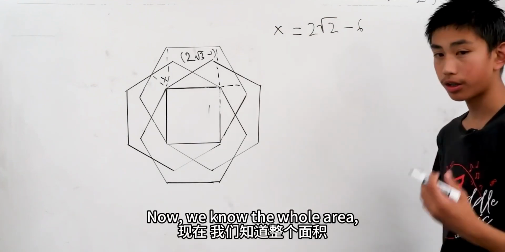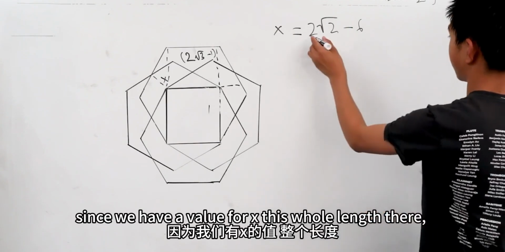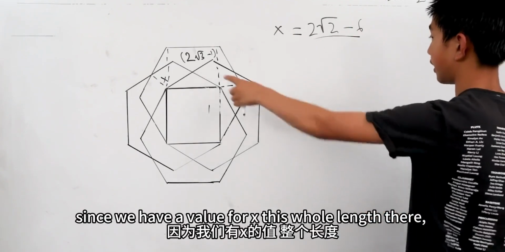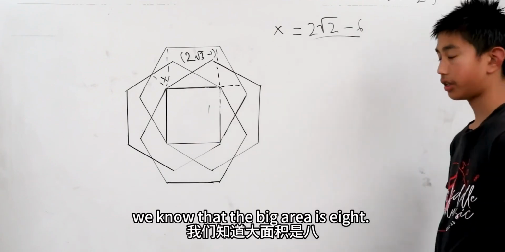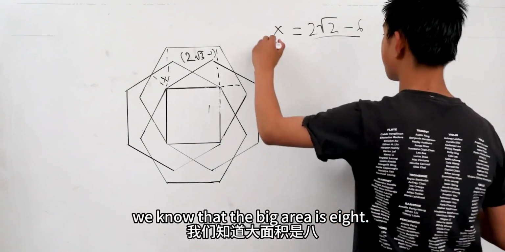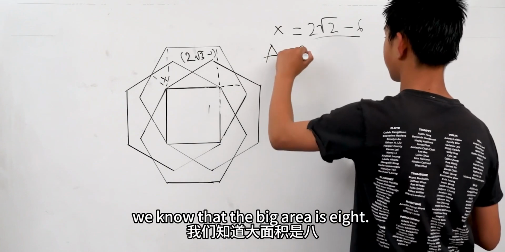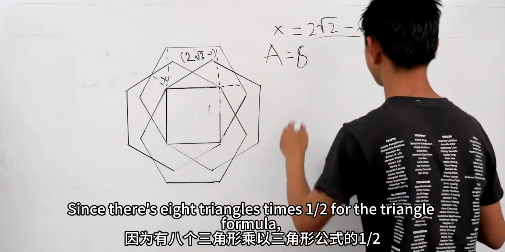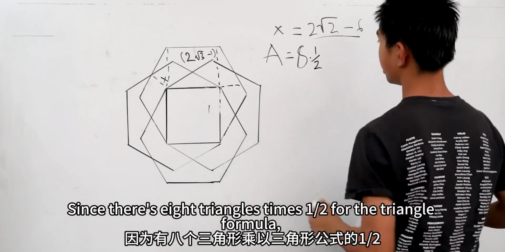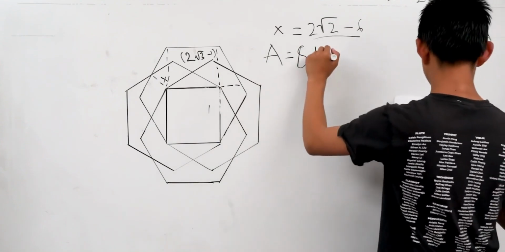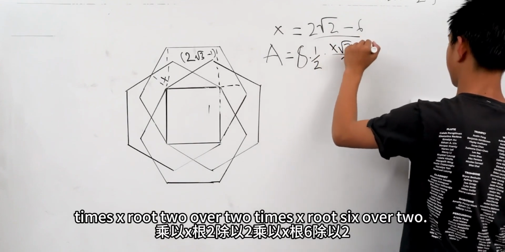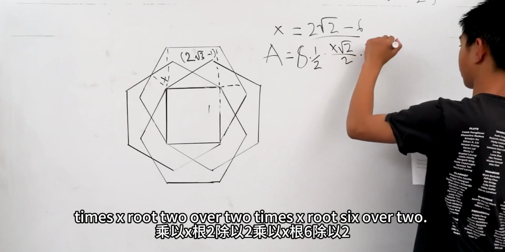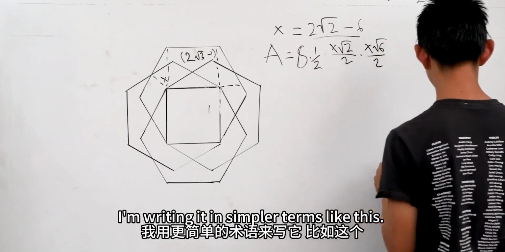Now we know the whole area since we have a value for x and this whole length there. We know that the big area is 8, since there's 8 triangles, times 1/2 for the triangle formula, times x root 2 over 2 times x root 6 over 2. I'm writing it in simpler terms like this.